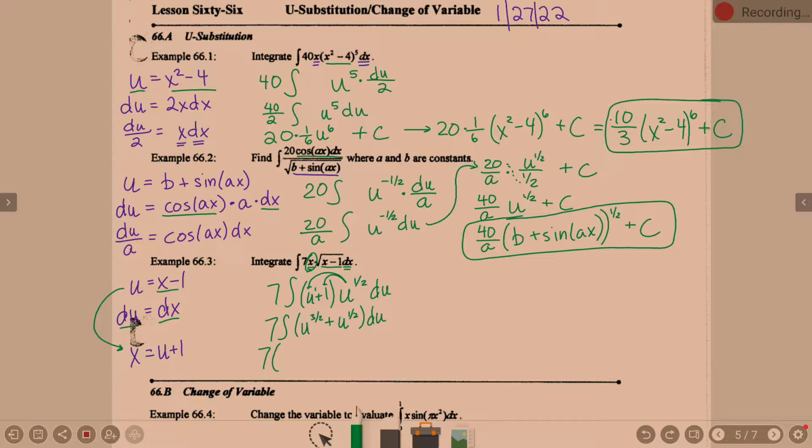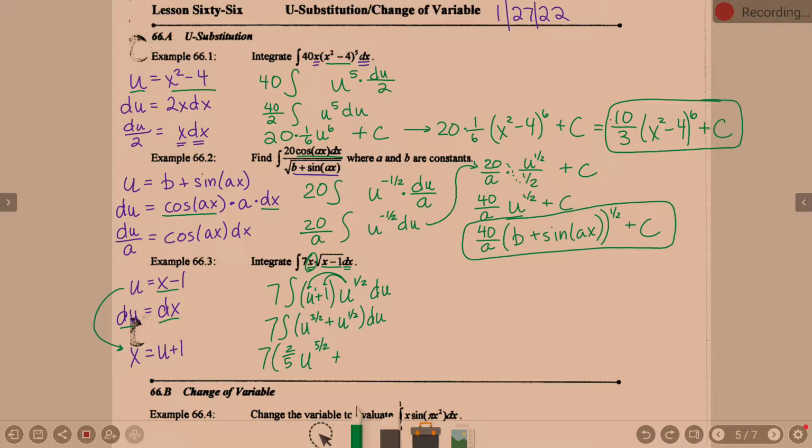Flip one of those, but yes, half right. So if we add 1 to the power, 3/2 becomes 5/2. You're dividing by 5 over 2, which is really multiplying by 2/5. So 2/5 u to the 5/2 plus, integrate u to the 1/2.